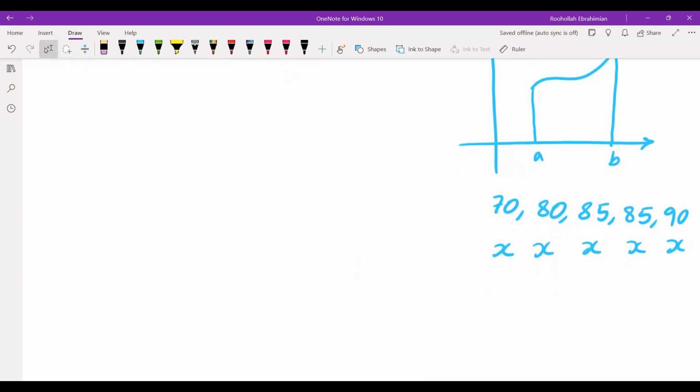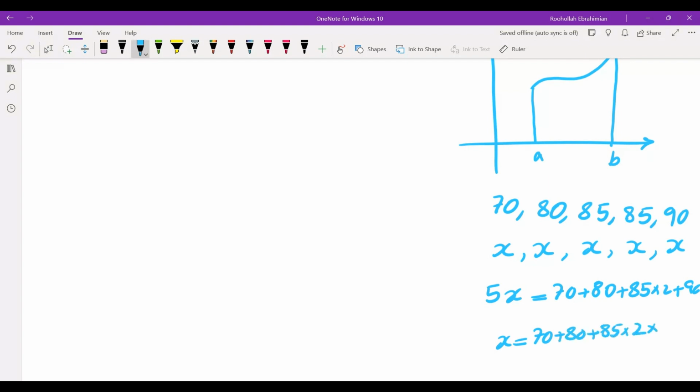So in other words, 5x, if you replace each one of these by x, is going to be the sum of these numbers, 70, 80, 85 twice, and 90. So the average score would be the sum of all the scores, whatever that might be, divided by 5.